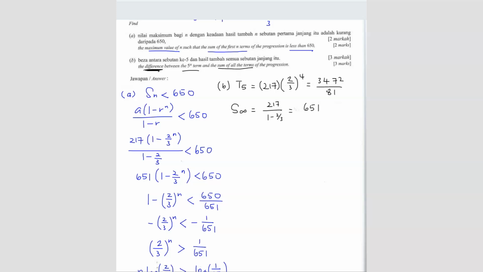Since 651 is bigger, we take the sum to infinity minus the fifth term. So you should get 651 minus 3472 over 81. Your answer is 608.1358, or you can write 3 decimal places, 135, up to you. Okay, so this is your answer.